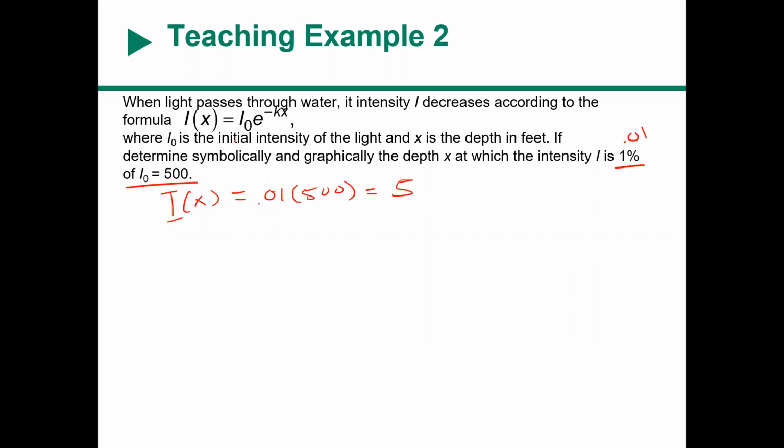Now we're going to write our whole equation. So we have I of x equals, and our initial is 500, I sub 0, or I naught, whatever you want to call it, e to the negative kx.